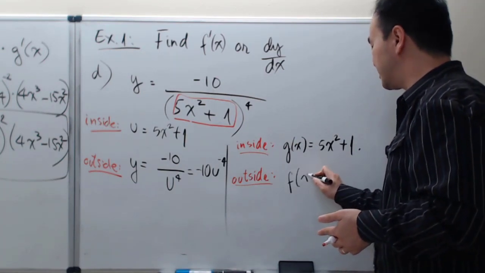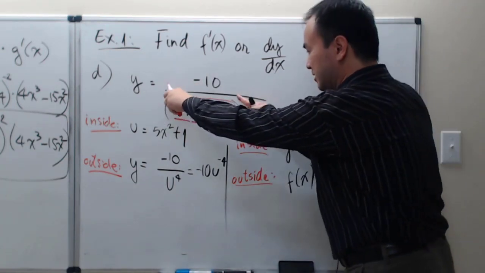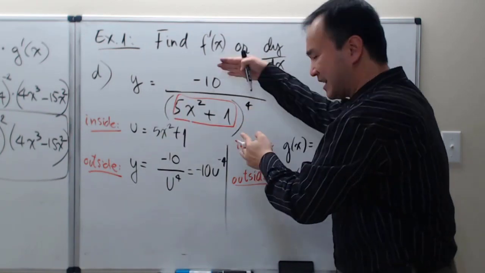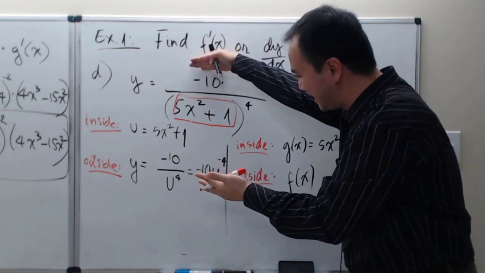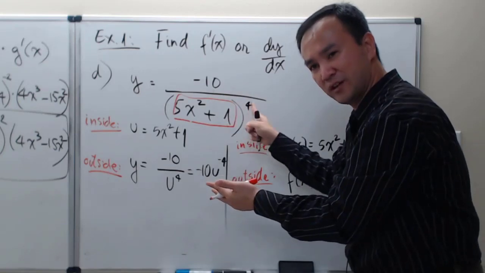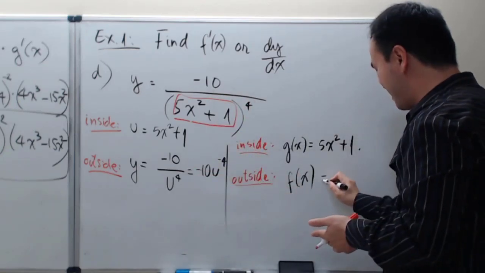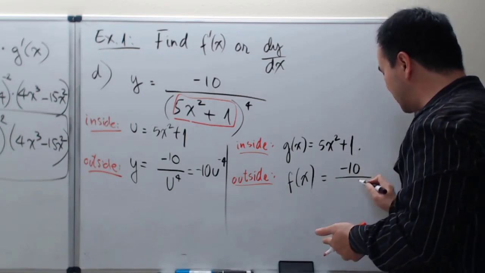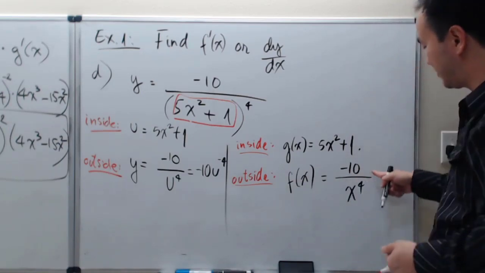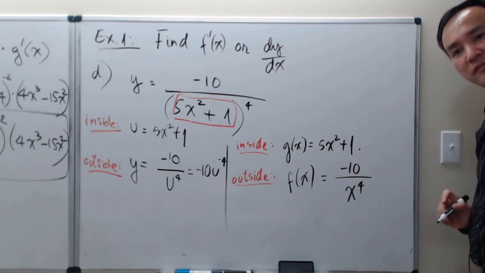But the outside is just negative 10 over something to the 4th. That something is just another input variable. So negative 10 over something to the 4th. So how about negative 10 over x to the 4th?